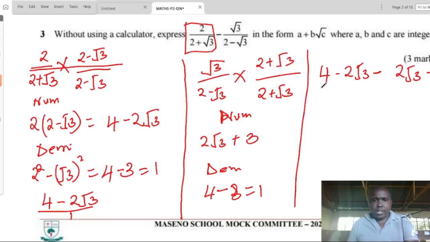So this is the answer for the first part we did, and this is the answer from the second part. So here it was minus, so we are subtracting.